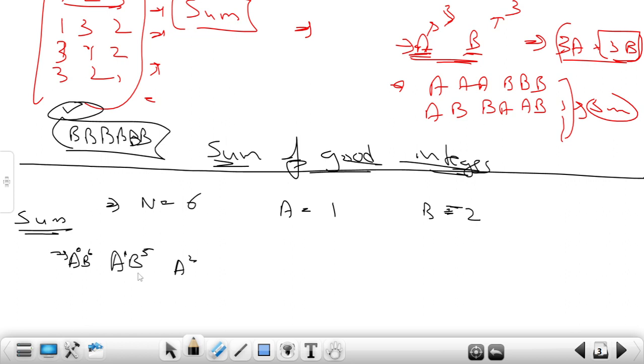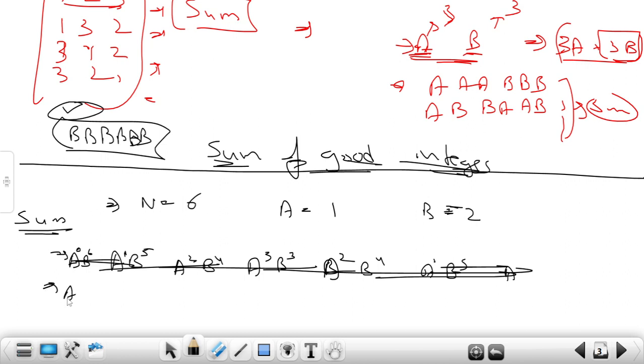Now at this position I can have a two times and b four times. After that I can have a three times, b three times. Okay, since I have to decrease the value, right? What I'm doing here, I'm going wrong.